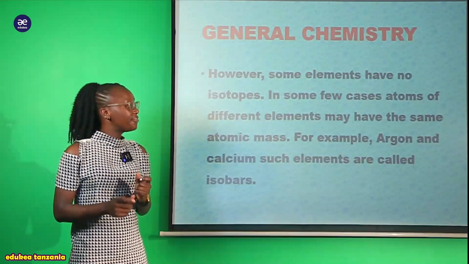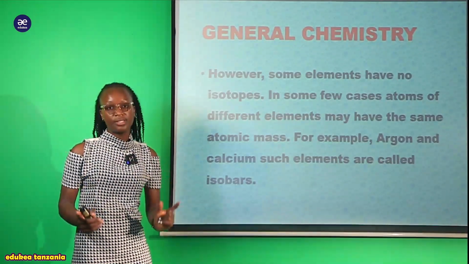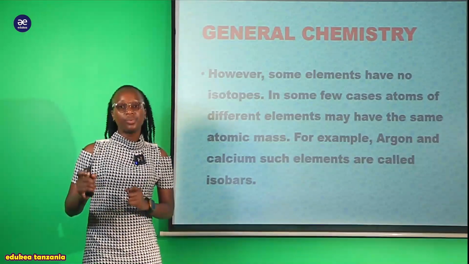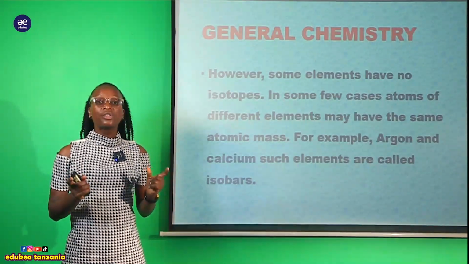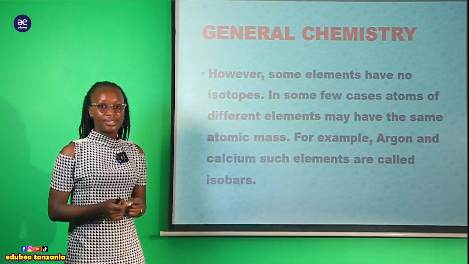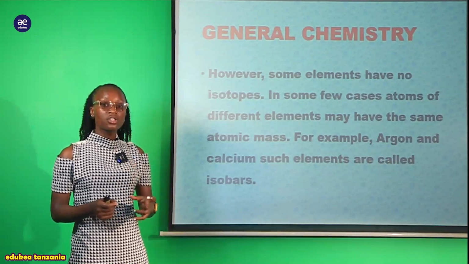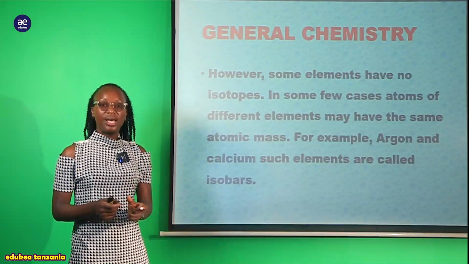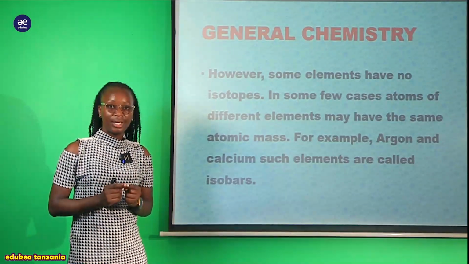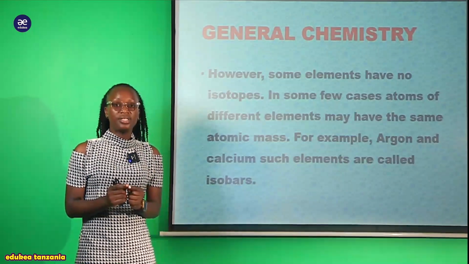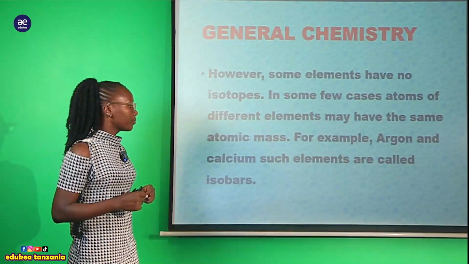That is, atoms of different elements, meaning completely different elements, element X and element Y, but you will see that these elements tend to match their atomic masses, but they are not isotopes, because isotopes are atoms of the same element. So here we see that some other elements, the different elements tend to have the same mass number.